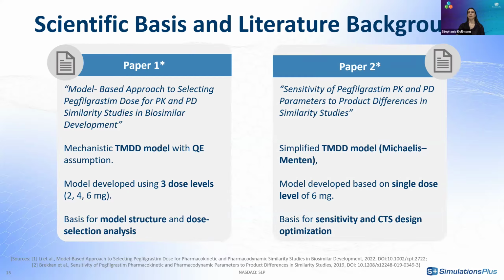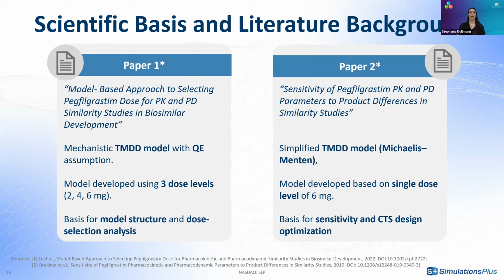The second paper used a simplified TMDD model on a single dose level of 6 milligram, incorporating Michaelis-Menten kinetics. So that work focused on sensitivity analysis and clinical trial simulation-based power evaluation, providing the foundation for sample size optimization, which we'll discuss later.